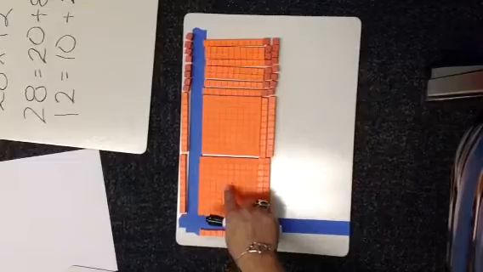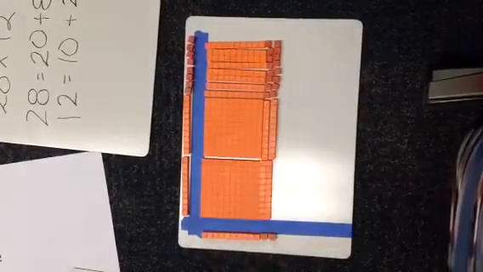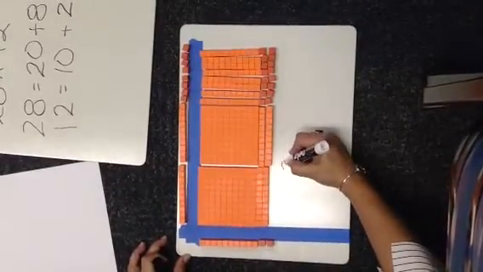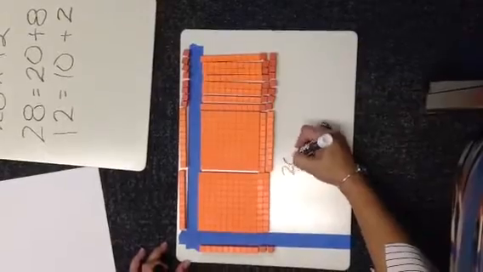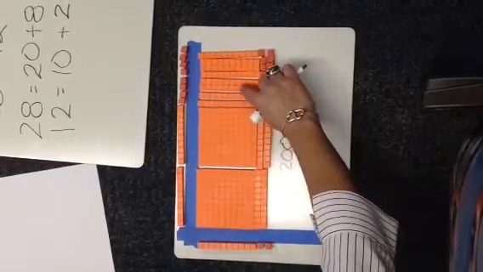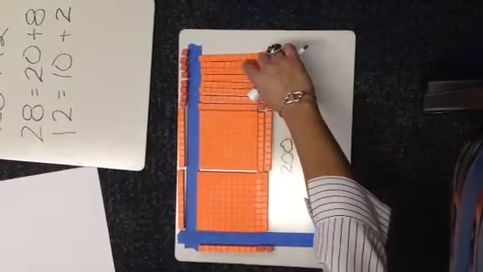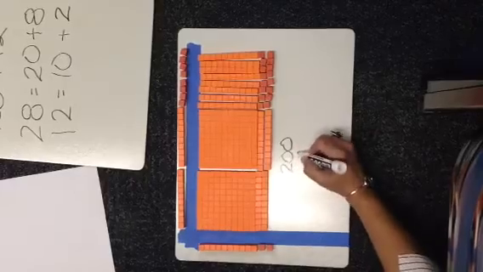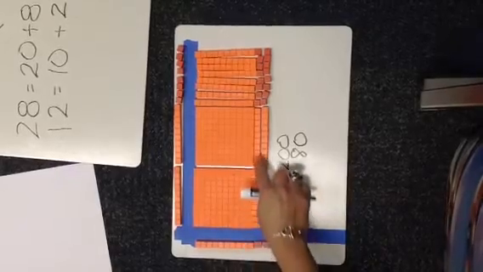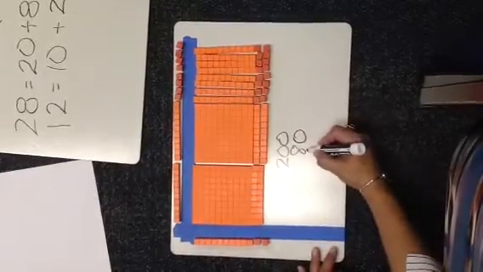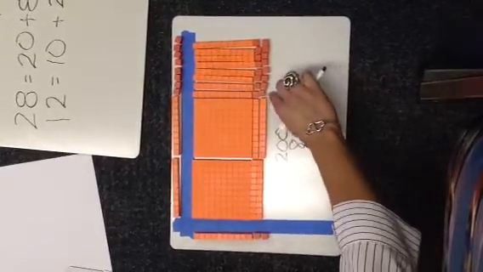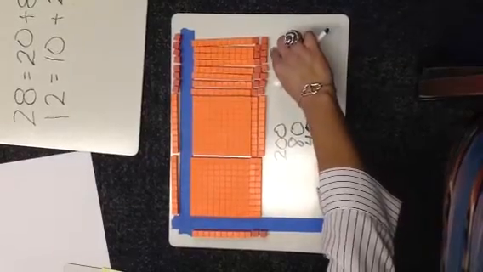We have 100, 200 flats, plus 10, 20, 30, 40, 50, 60, 70, 80, plus 10, 20, 30, 40, plus 2, 4, 6, 8, 10, 12, 14, 16.